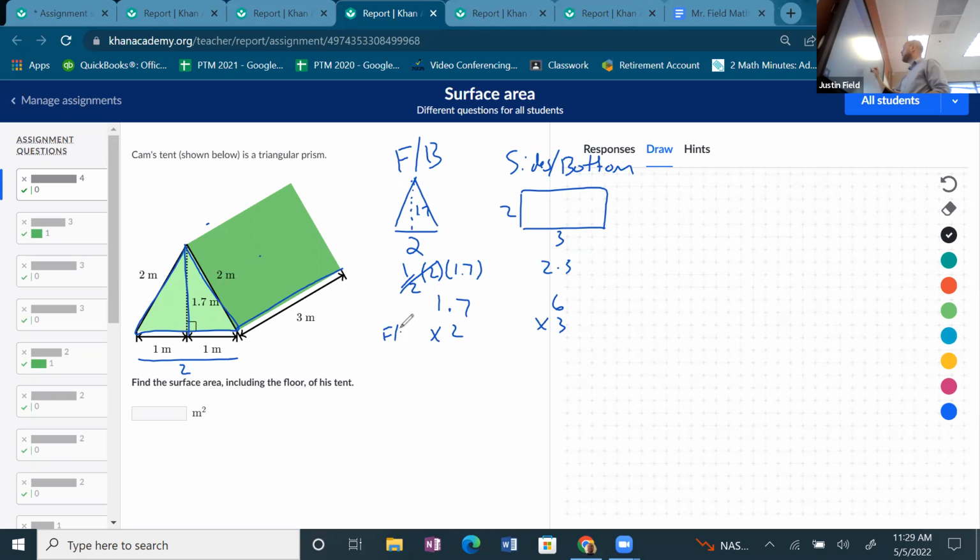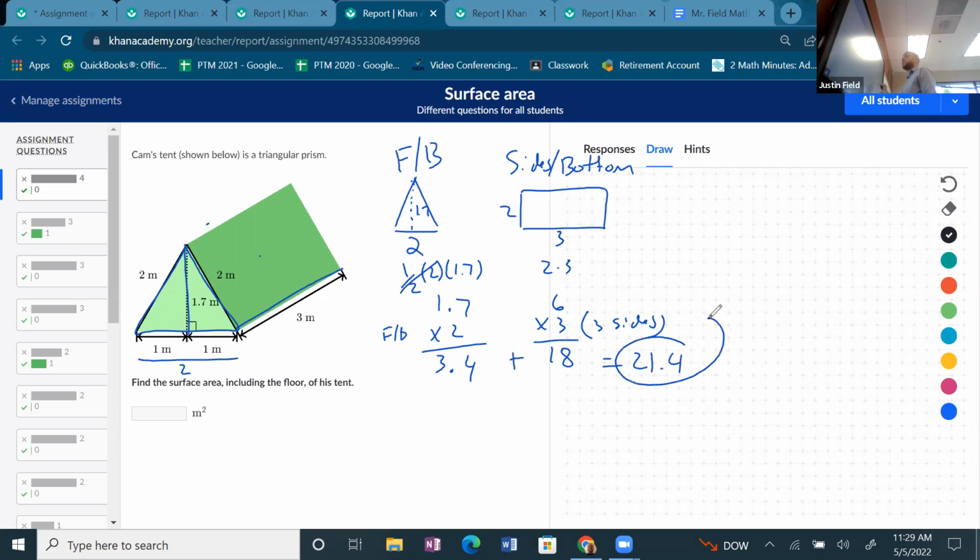So front and back, 3 sides. That's 18. 1.7 times 2 is 3.4. Now I'm just starting to doubt myself all over the place. Okay, so now we want to add those together, 3.4 and 18, and that would be 21.4. We want to say meters squared because we're talking about area. So that's surface area. For people who got it wrong, redo that one.